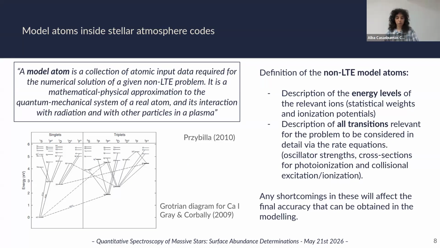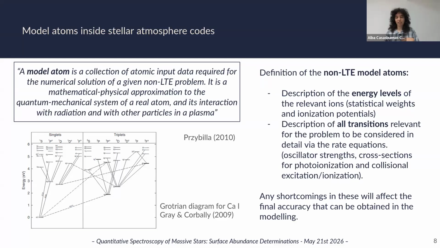It's very important to have these model atoms be as accurate as possible. Because of course any shortcomings in the model atoms that we're including in the stellar atmosphere codes are going to affect the final accuracy that can be obtained in the modeling.